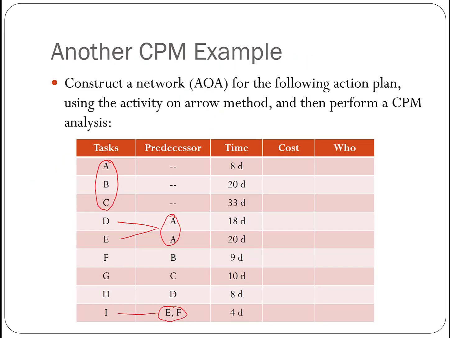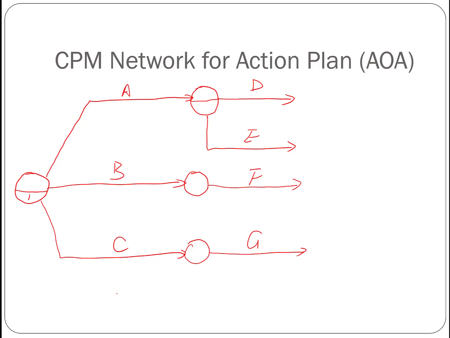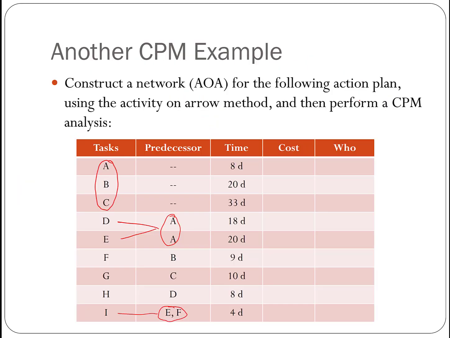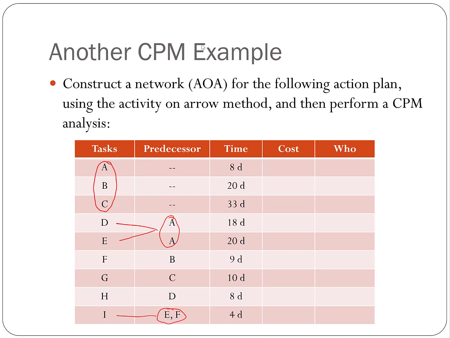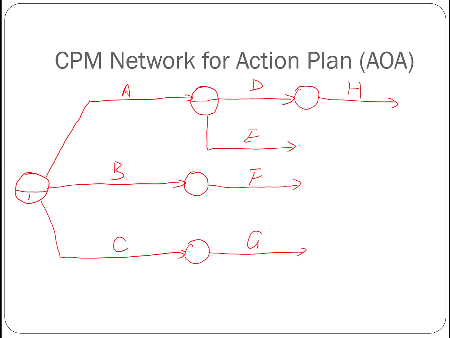Then after D, we're going to have H. Both E and F are the predecessor of I. So we're going to have one node connecting E and F. So I'm going to maybe change this one here.